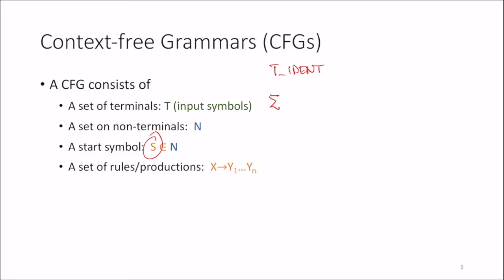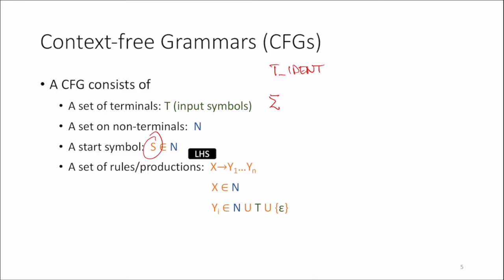And then finally, the main bulk of the context-free grammar is how to take these sets and use elements of those sets, the set of non-terminals and set of terminals, and use them to build a set of rules. And these rules are also called production rules or productions sometimes. They comprise a left-hand side and a right-hand side.